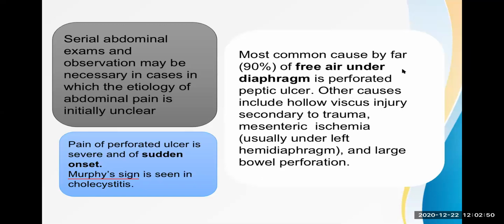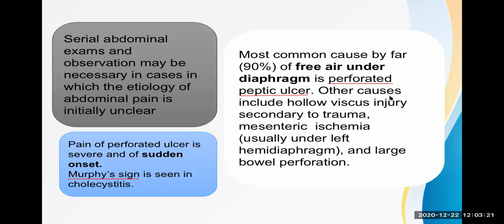Most common cause by far, that is 90% of the free air under diaphragm, is perforated peptic ulcer. Other causes include hollow viscus injury secondary to trauma, mesenteric ischemia, and large bowel perforation. Now that is another very important concept, so let me take a bit of time here. Sometimes there is perforation of our GI tract inside the abdominal cavity.